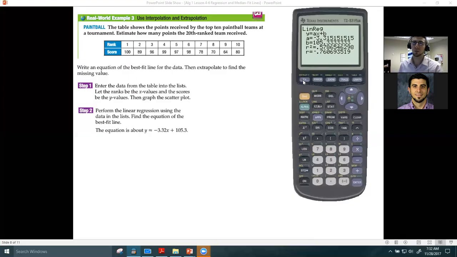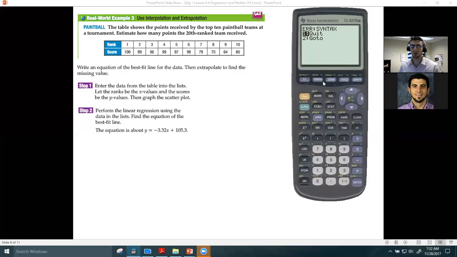Okay, so in my Y equals menu, I'm going to put negative 3.32x plus 105.3. Oops, what's going on here? Clear that off. Oh, I know what I did. I hit enter instead of plus. Plus 105.3.